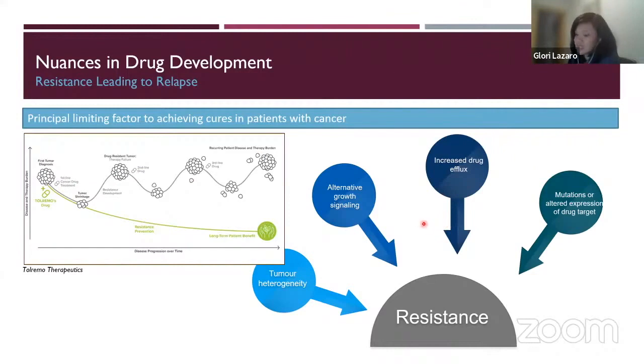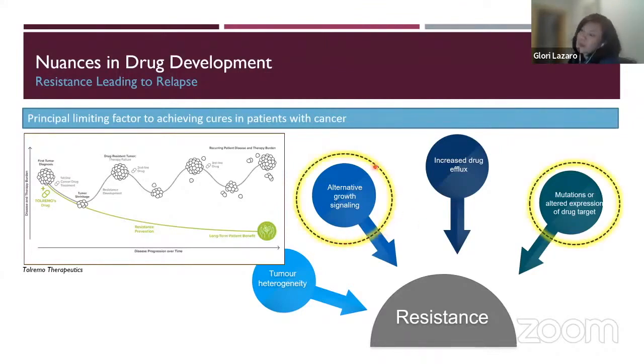But yeah, this is unfortunately the sad truth, and this is where research needs to be, understanding the mechanisms of resistance for cancer. And so today, I cannot talk about everything. We'll touch upon 2 different resistance mechanisms. One is alternative growth signaling, or bypass signaling, and the other one is mutations or altered expression of the drug target.